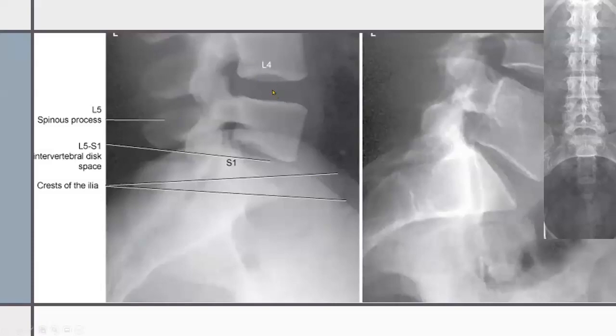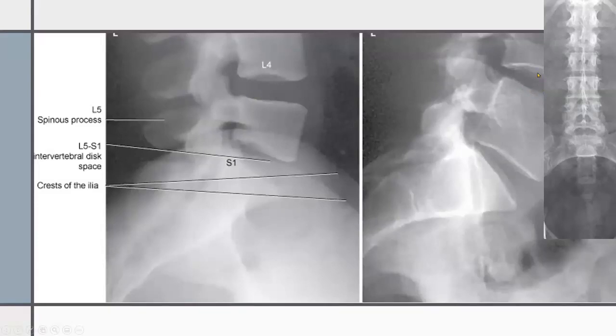Note how wide the disc space is between 4 and 5. Note how you don't see the side down portion of the body here. It's flat. Yet over here, you do see part of the body. You do see some width of L5.